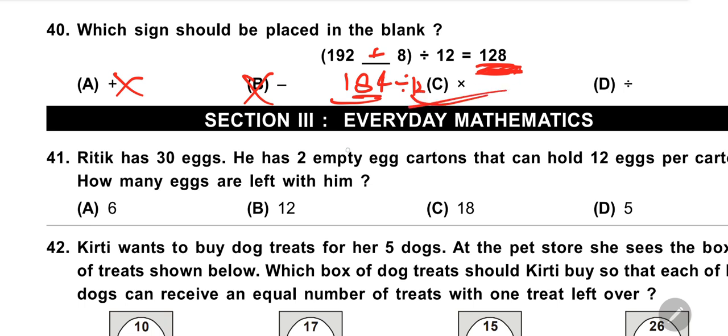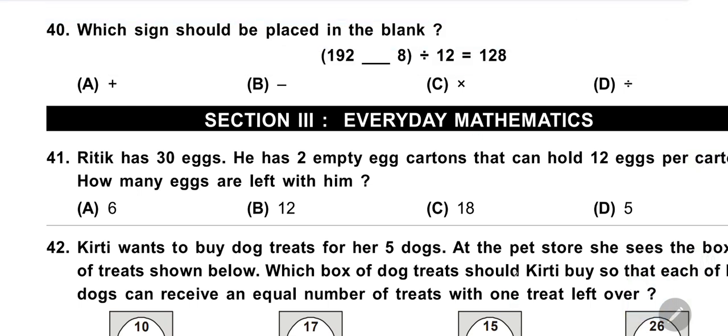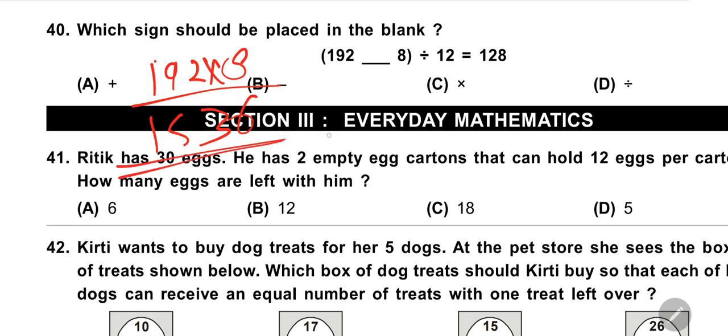Now we can check it. 192 multiply 8. So this is what? 16, 72, 1536.